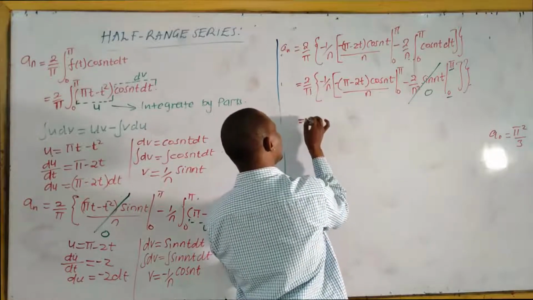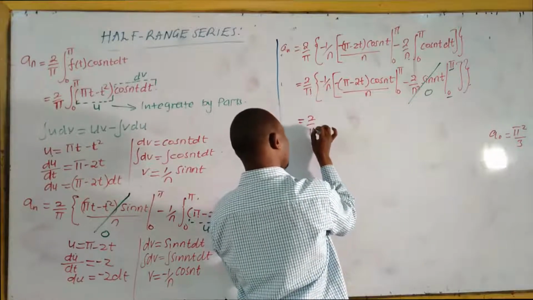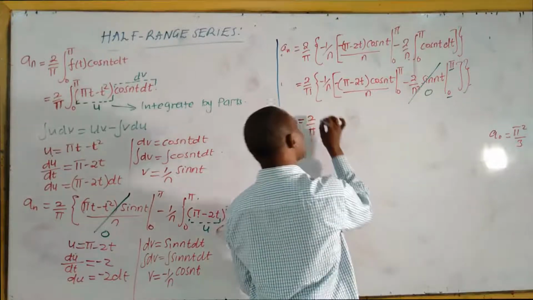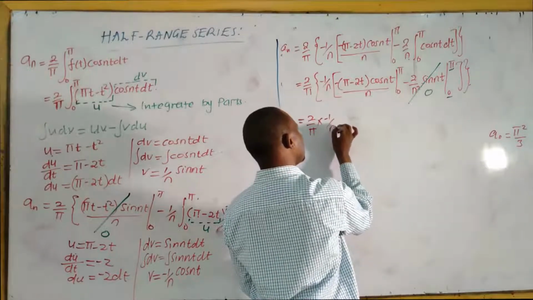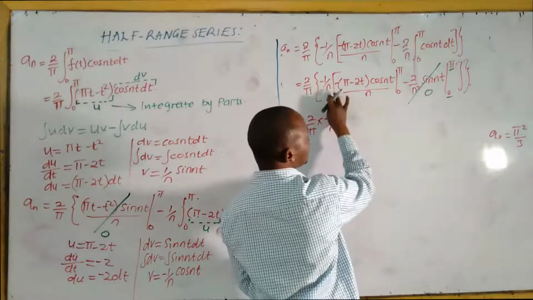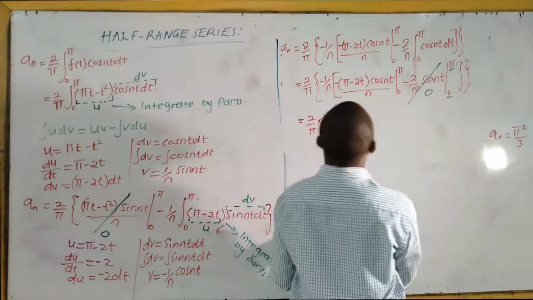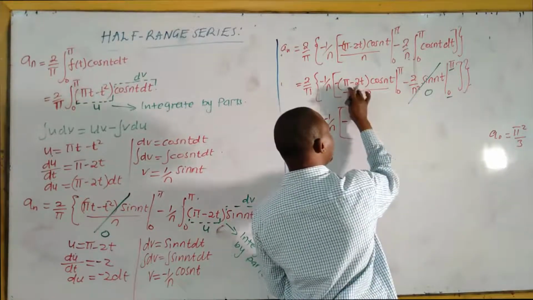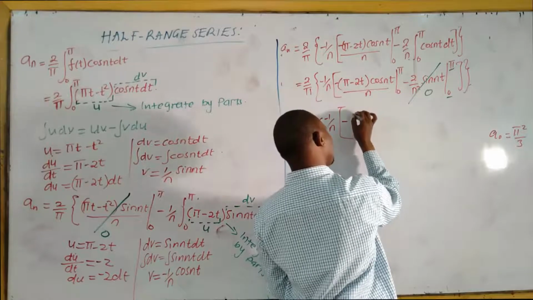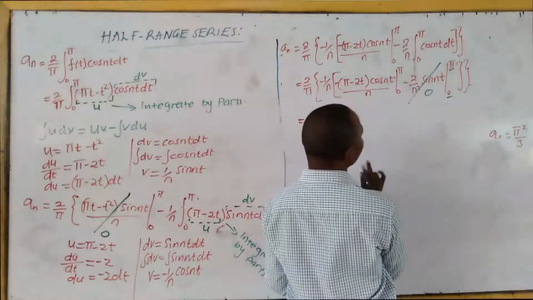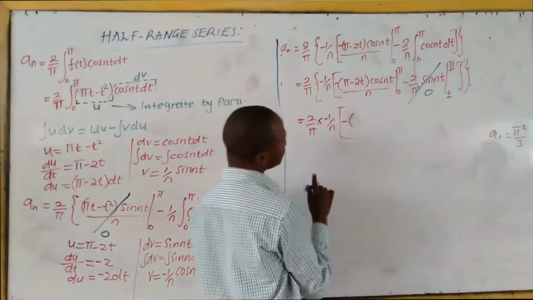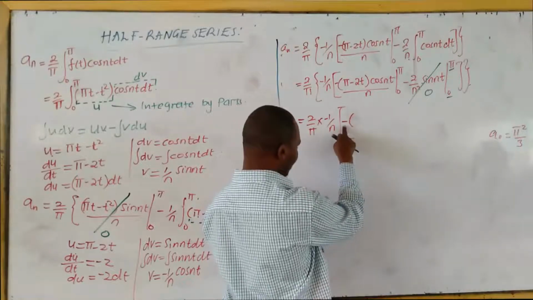This is 2 over pi. Let me start opening the bracket, times negative 1 over n. I've opened this bracket. So here I have a negative. This negative, I can also factor it outside. Do I factor it?